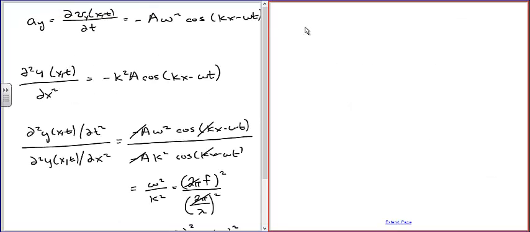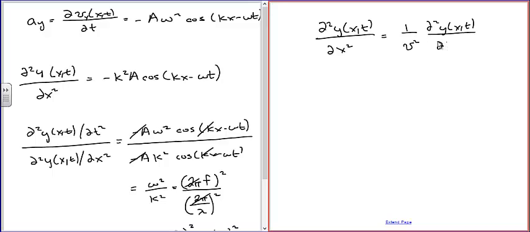Or you can rewrite it in this form, which says the second partial of y of x and t with respect to x squared is equal to 1 over v squared times the second partial of y of x and t with respect to t squared. And this is called the wave equation.